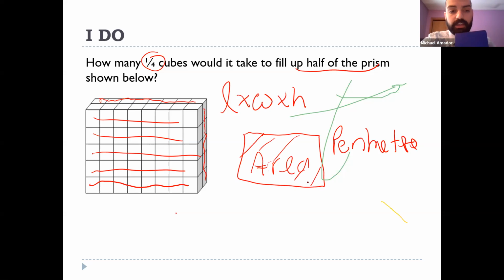But this figure here has 3 dimensions. So if we're going to fill it up, Bintu, what is the property that we are working on today?